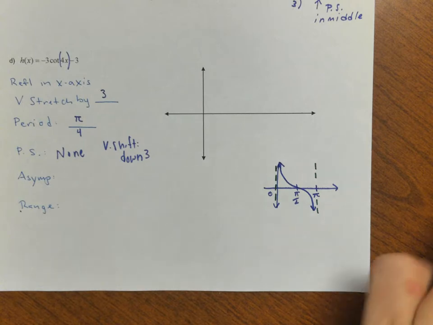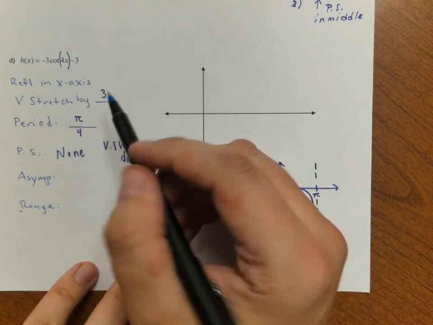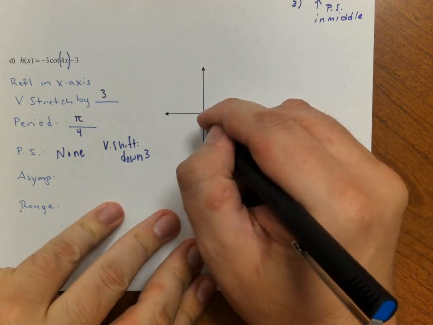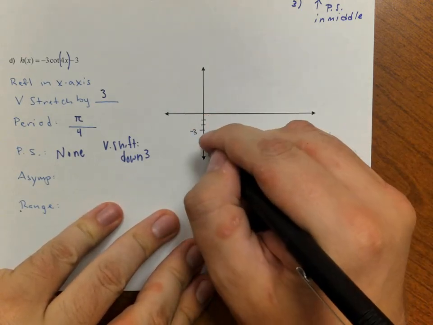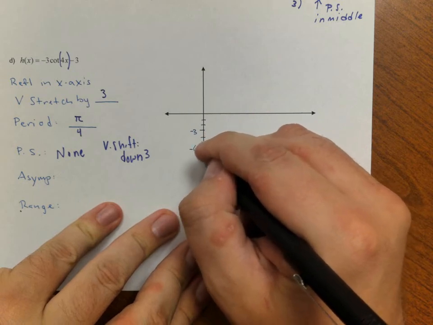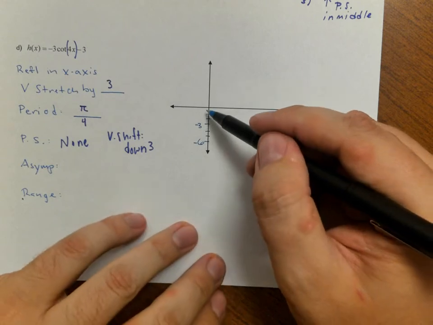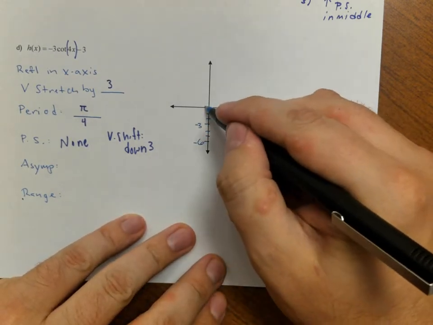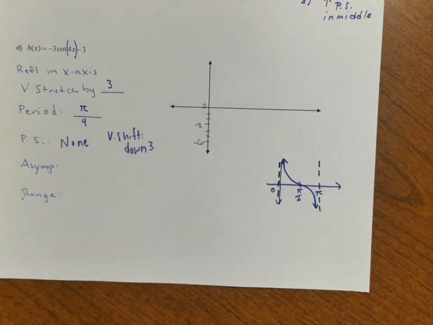Now let's go back to labeling our axes. I can see I've shifted down 3 units. I have a vertical stretch by 3, negative 3, negative 6. So long as I'm just establishing a scale, I could really just count by 3's right here because I only need to go between 0 and negative 3 and negative 6 on the y-axis.